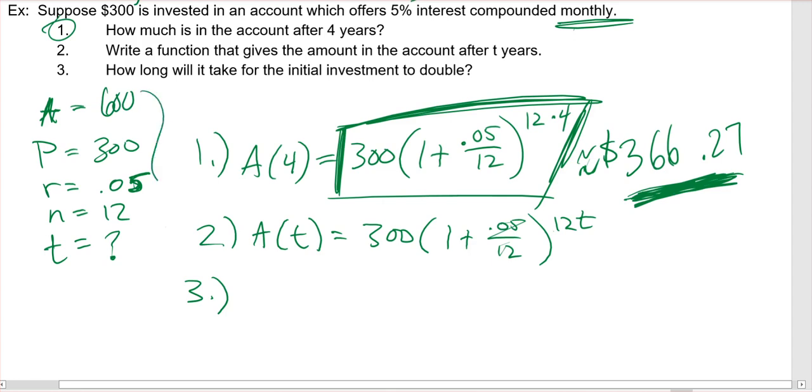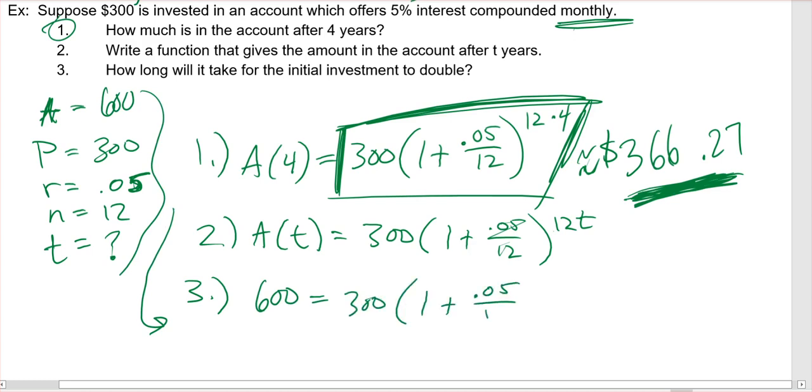Okay, so now we can take all of these and plop them into our nice little formula, right? So our amount is 600, and then we have our principal, 1 plus our rate over the number of compoundings, to the number of compoundings times the time it takes. So now we can take this and solve for t.